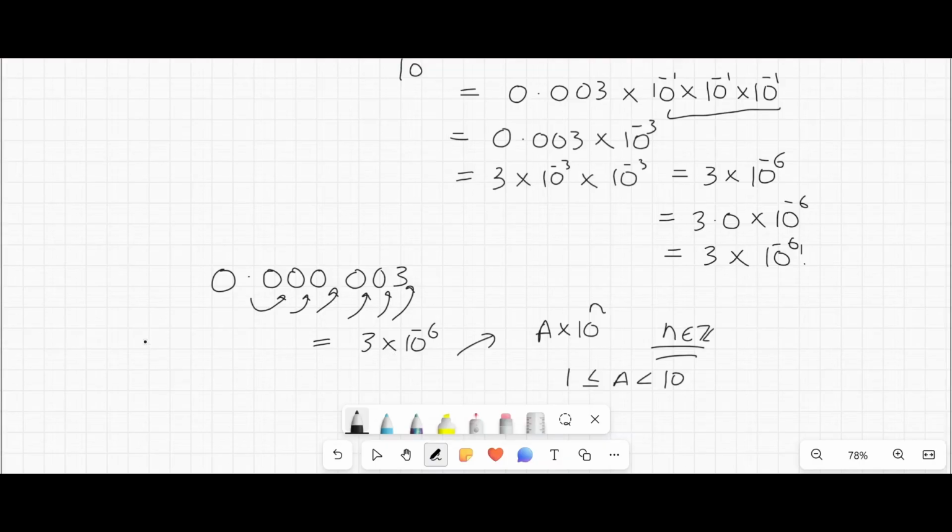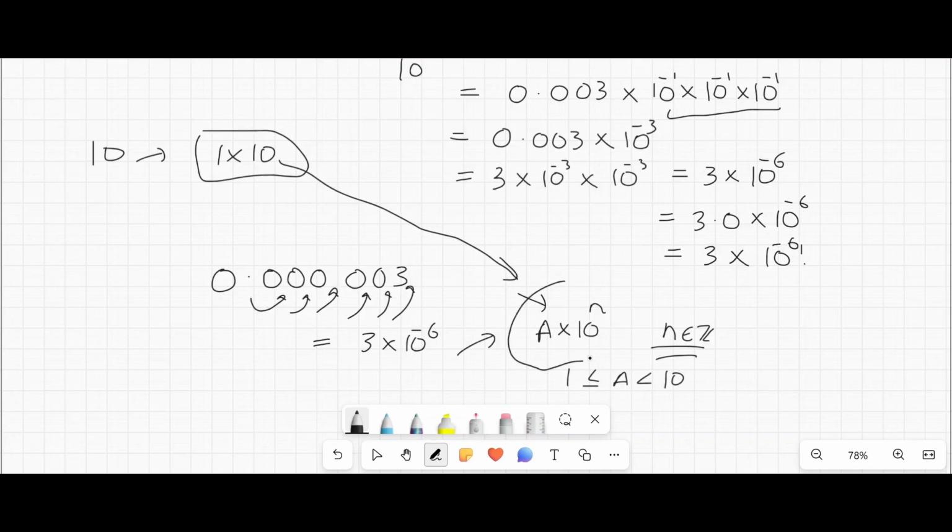If there is just a 10, you can write it like this, 1 into 10. But this is in standard form now. So this was the logic.